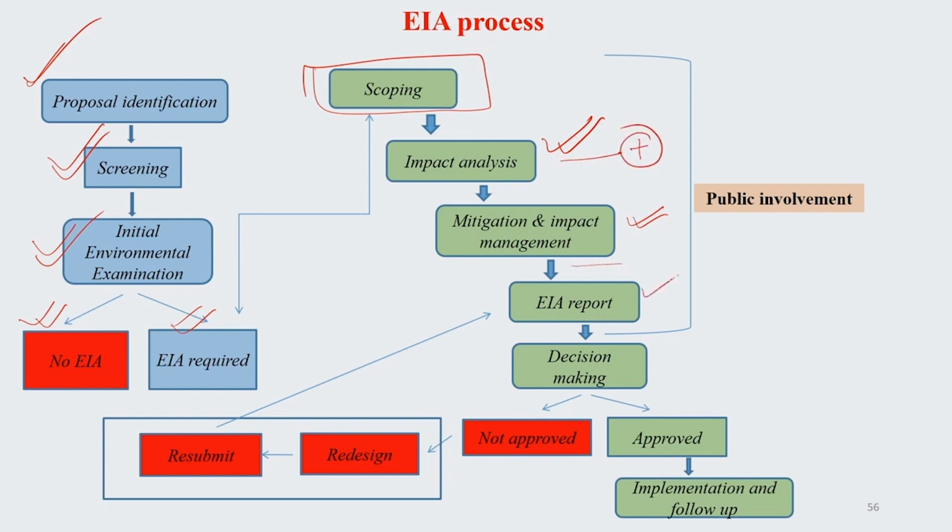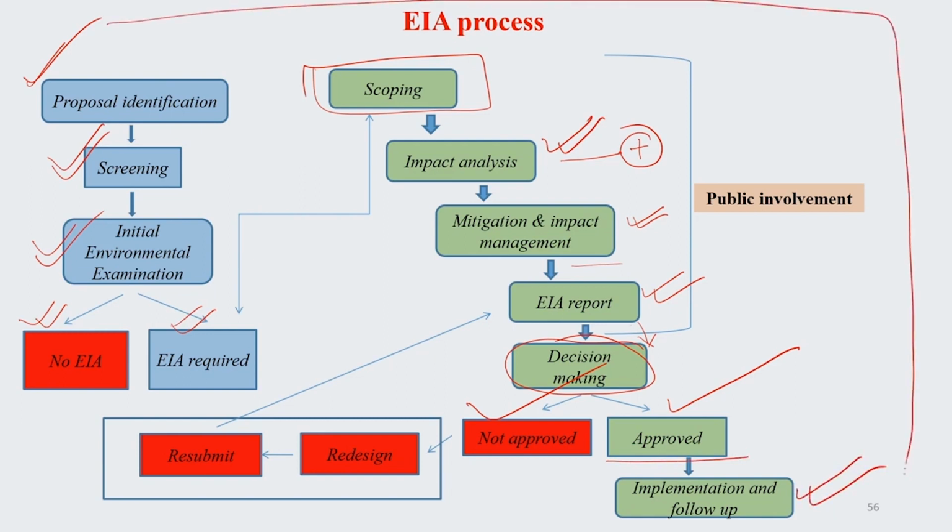Once analysis is done, you go for the EIA report, and then this report goes to certain concerned officers or ministry, then decision making takes place. Decision making means the project will either be approved or not approved, cancelled. If it is approved, then finally you go for implementation and follow up. So, this is the total process of EIA.